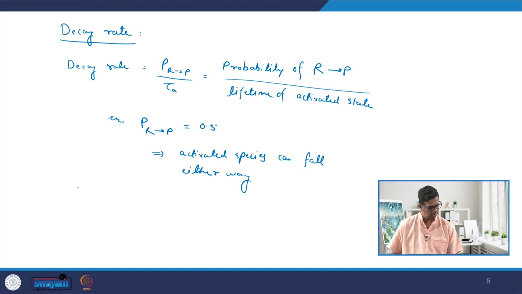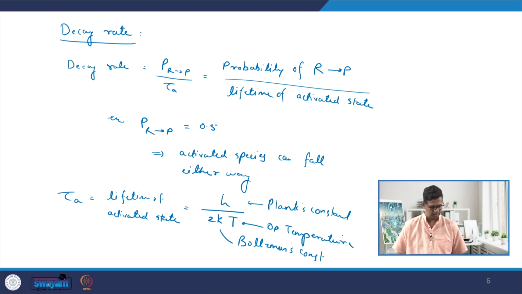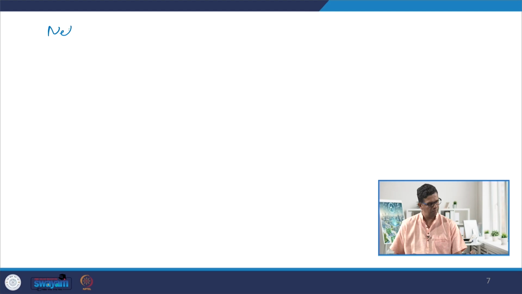Let me also write for tau A, the lifetime of the activated state, which is equal to h by 2 k T. Here h is Planck's constant, k is the Boltzmann constant, and T is the operating temperature. Right.